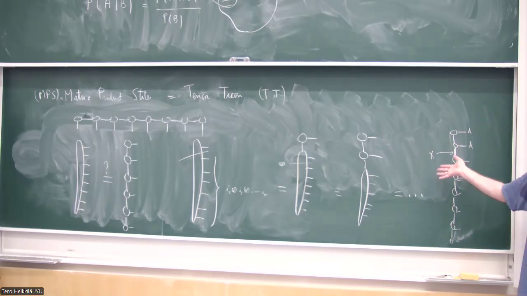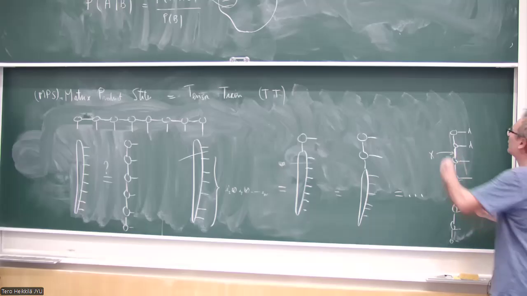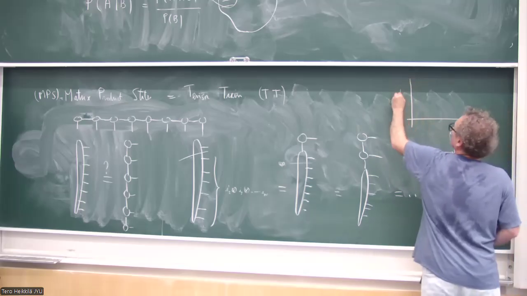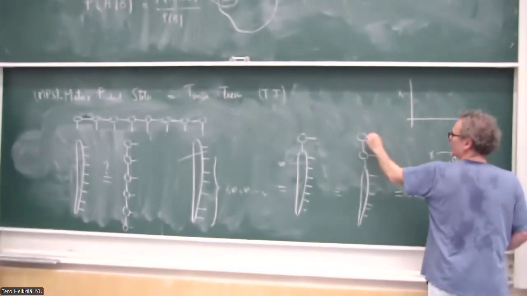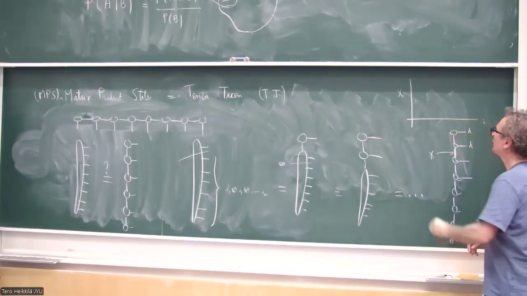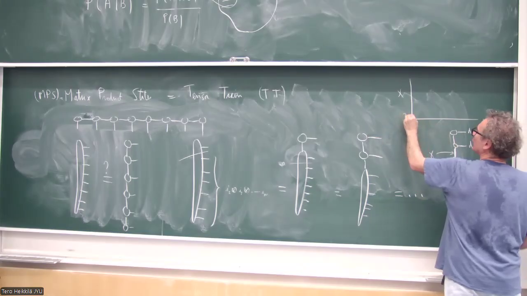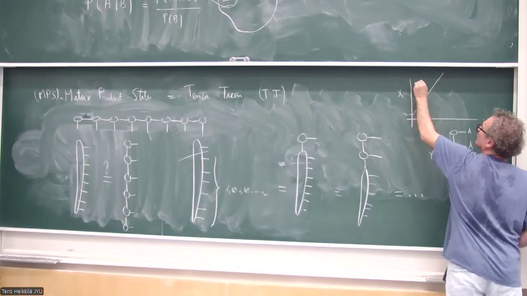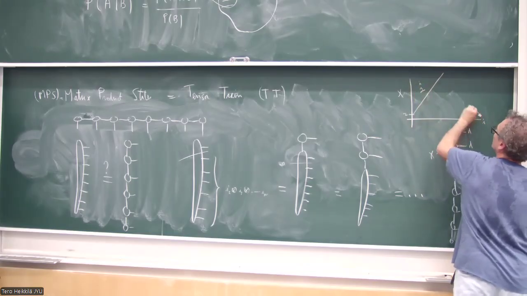So the question is how much chi grows. At maximum, if I plot chi versus i, the first one is at most 2, and then it can at most grow as 2 to the power i, and on the other side it's also 2.